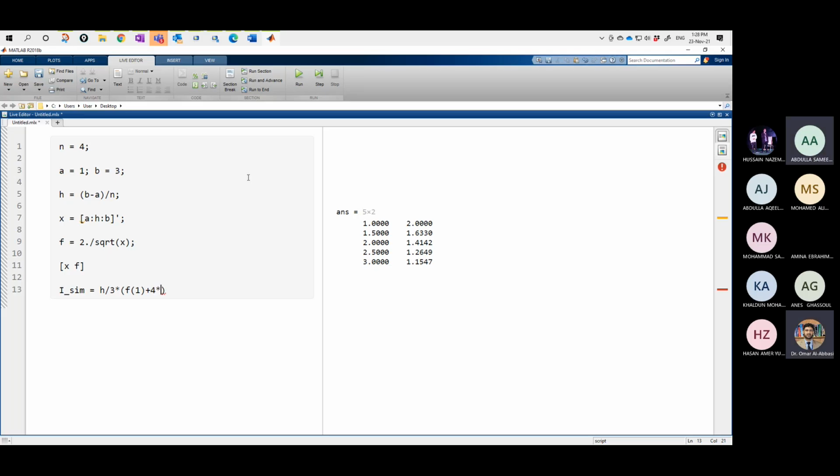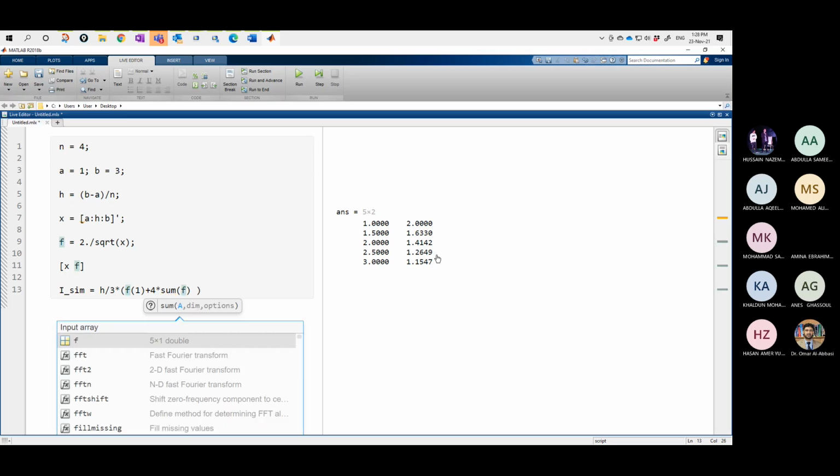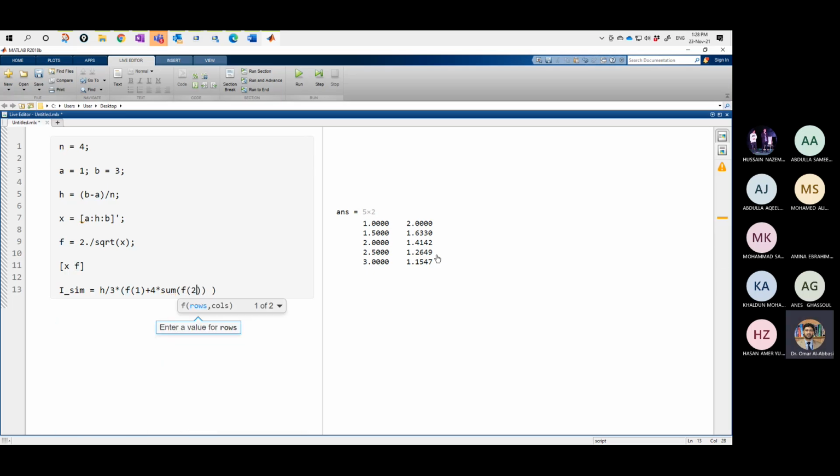Guys, how can I find the even points? 4 times summation of what? The even points. I want to sum points 2 and 4, and if I had more, I want to sum the even points only. So 2 is an even point, right?